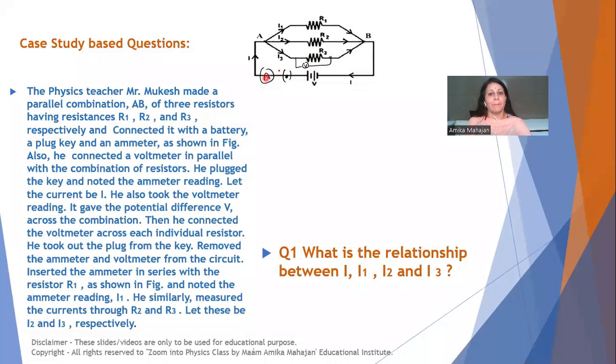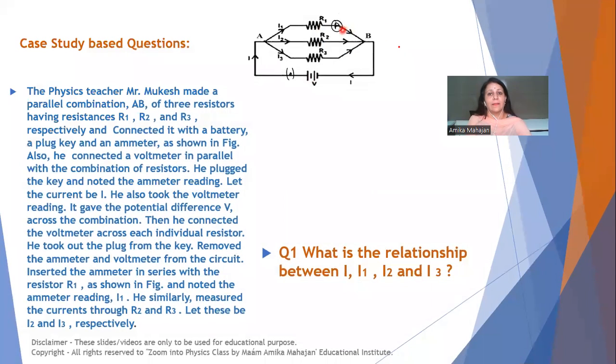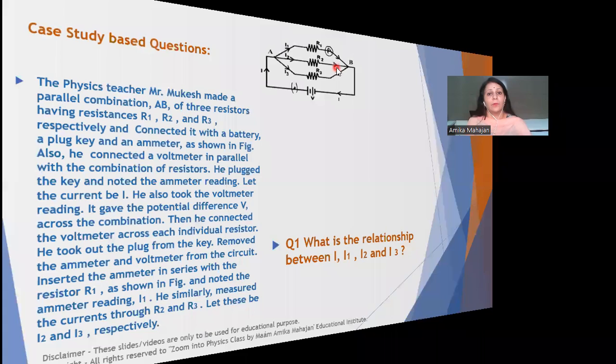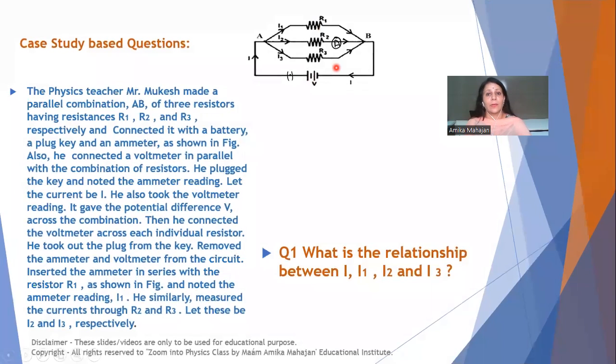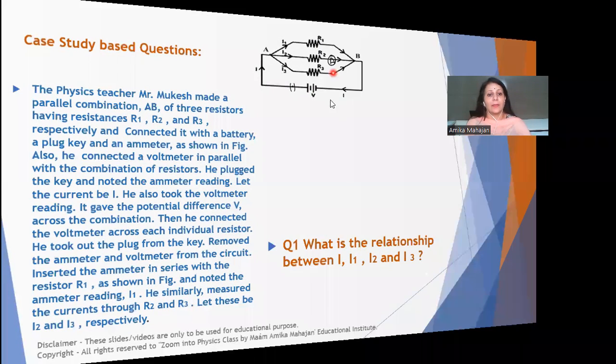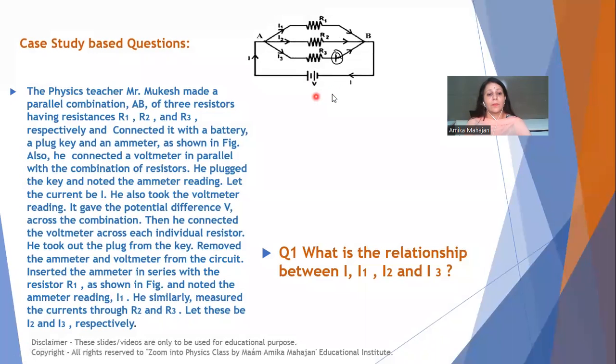Then he took this ammeter and connected it in series with R1, because an ammeter is always added in series with the circuit like this. Then he connected it to R2 in series. Then he connected it to R3 in series. So he measured the current through R1, R2, R3. These were I1, I2 and I3 respectively.